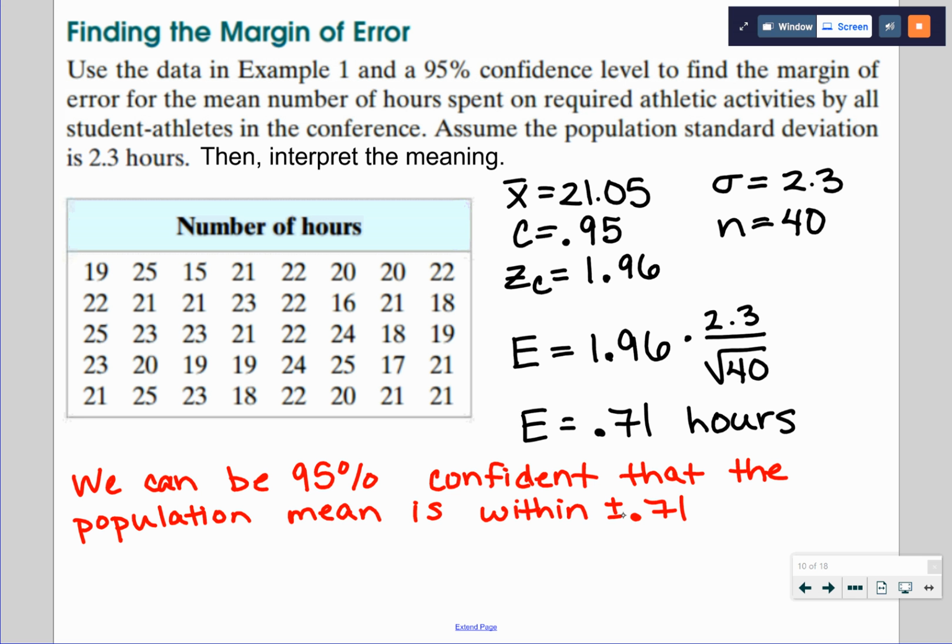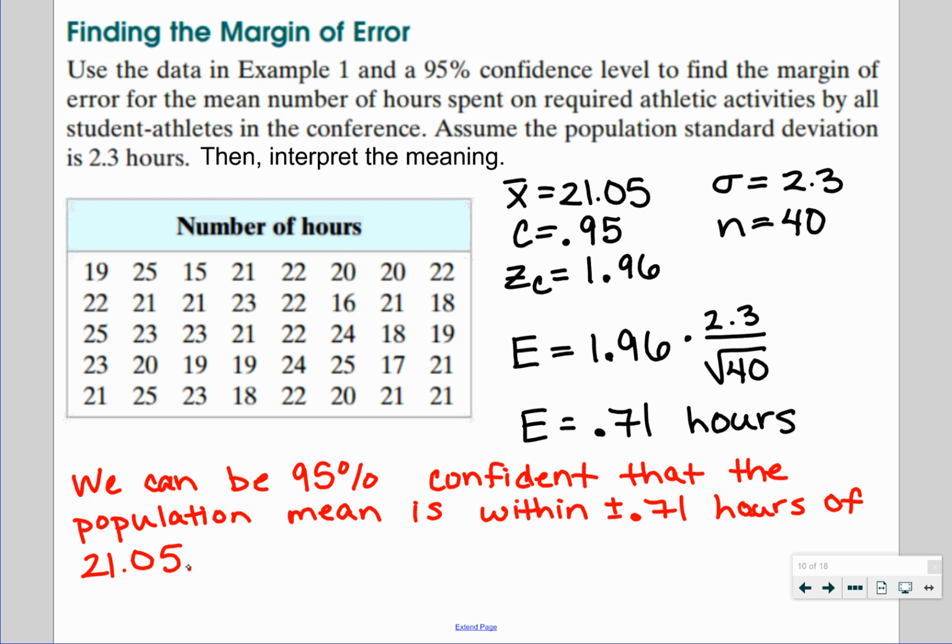It's either 0.71 above or 0.71 below. Hours of 21.05. Okay, so there is a 95% probability, or we are 95% confident that the population mean that we are trying to estimate is within plus or minus 0.7 hours of our sample mean that was calculated.